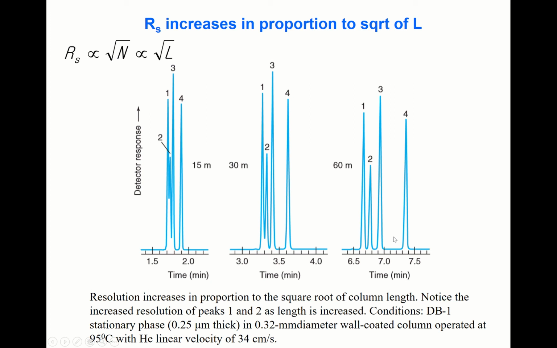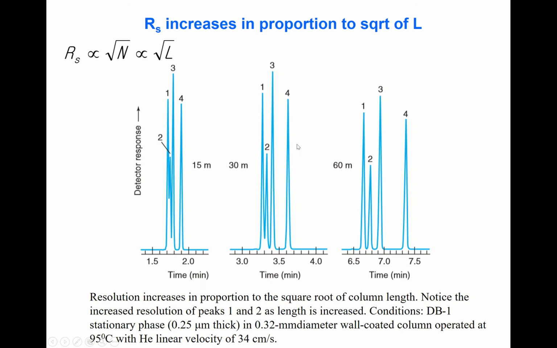So definitely you have really good resolution. But since you increase the column length, the separation time also increases. With the shorter column, this peak number 4 takes about 1.9 minutes.